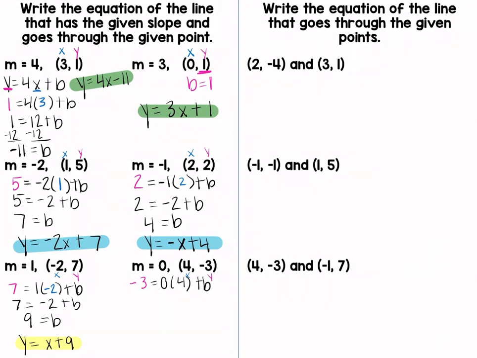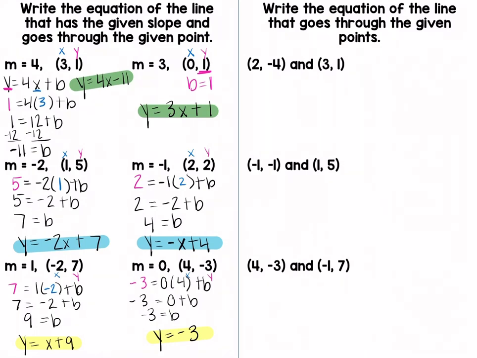So negative 3 equals 0 plus b, so b is equal to negative 3. And if my slope is 0, that's going to cancel out, because 0 times anything is just going to be 0, so 0x. So my slope is 0, so my equation is y equals negative 3. And remember, if I have x equals a number, then my slope is undefined.